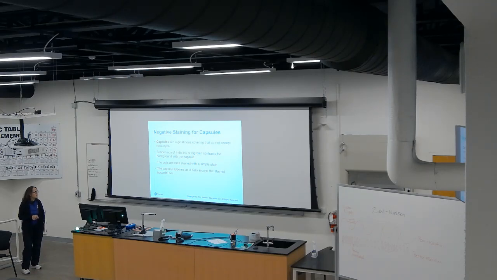In this case, the cells are stained with a simple stain, and your capsule will look like a white halo around the microorganism. It does not only have to be bacteria. Some fungi can have capsules, like Histoplasma capsulatum, for instance.